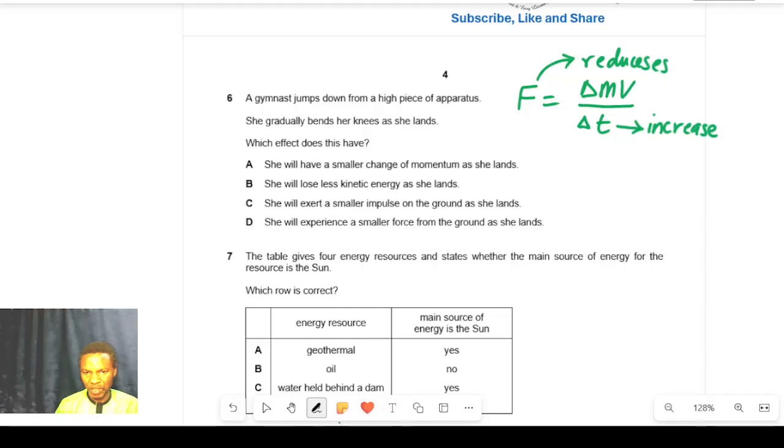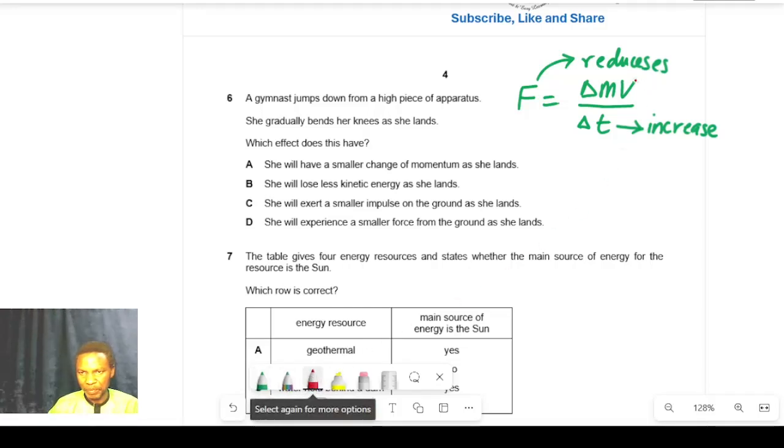The consequence of her bending her knees is that it will reduce the force of impact as she lands. So the answer is that she will experience a smaller force because bending a knee increases the time of landing. So the answer to question number 6 is D.